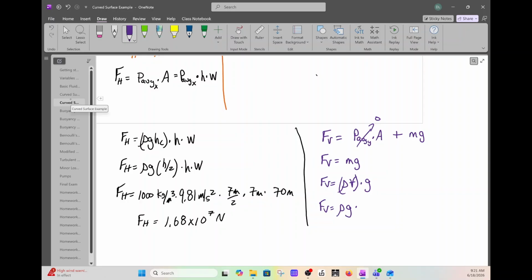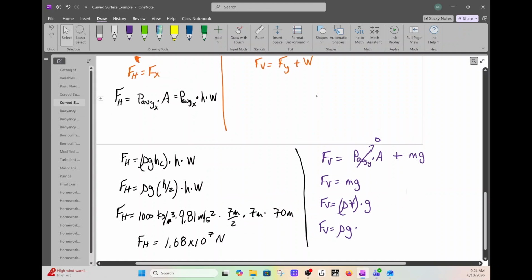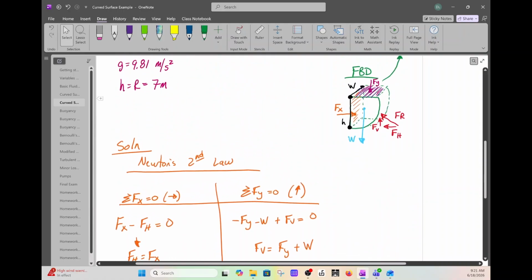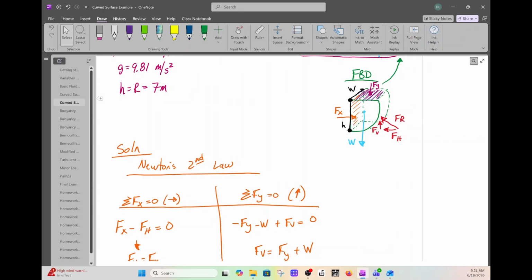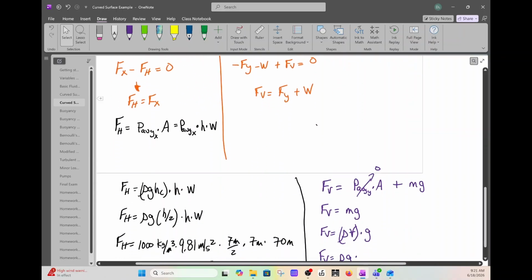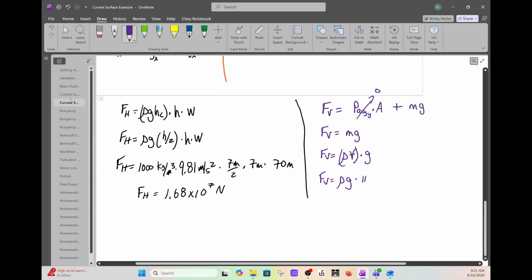It's going to be, if you remember, if you take a cylinder, then it would be pi r squared times the length. Well, because we got a quarter, then it would be pi r squared over 4 times the width.